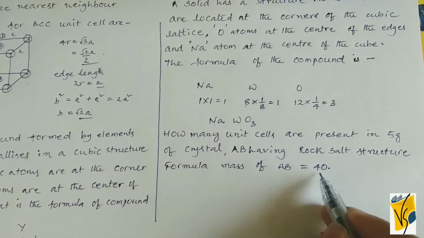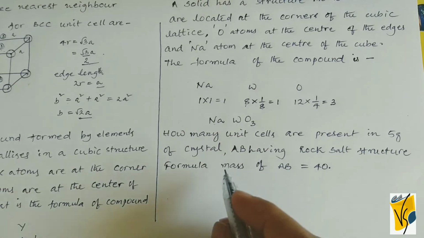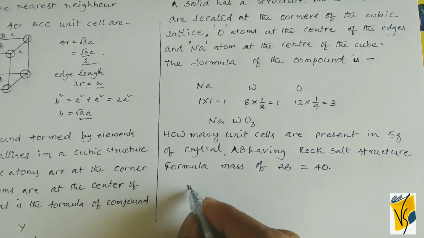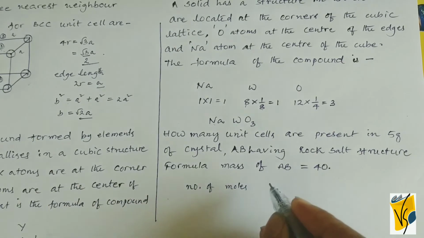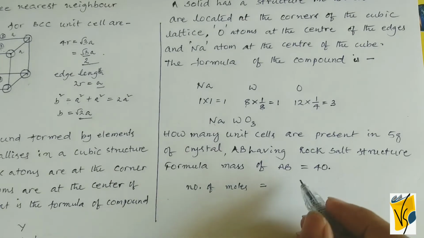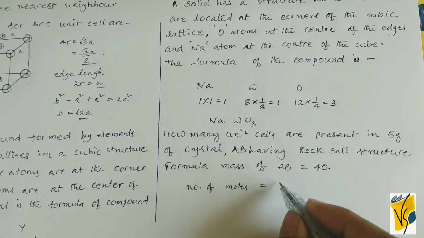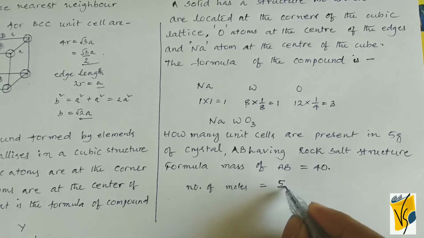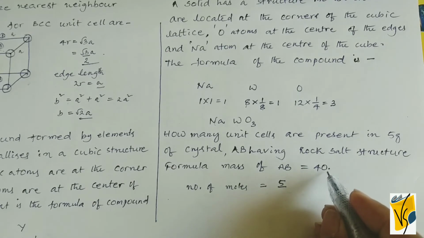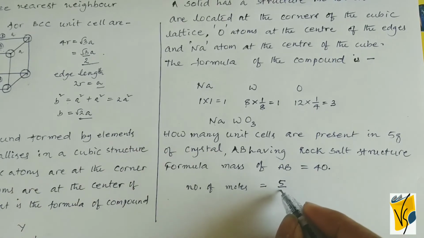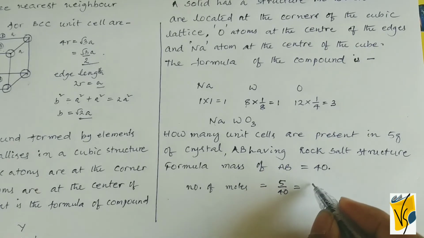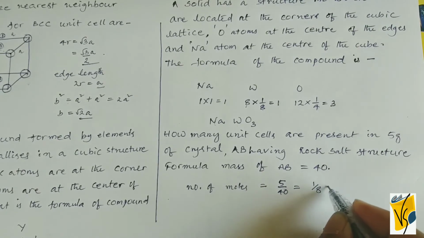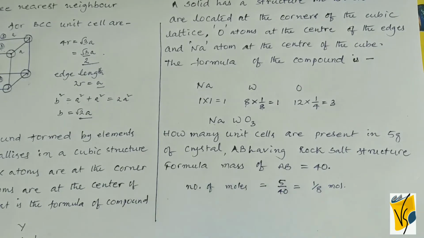So what is molar mass? 40, right? Now number of moles is equal to mass by molar mass. So given mass is 5 grams and molar mass is 40 gram per mole. So how many moles are there? 1 by 8. Okay, so these are the number of moles.